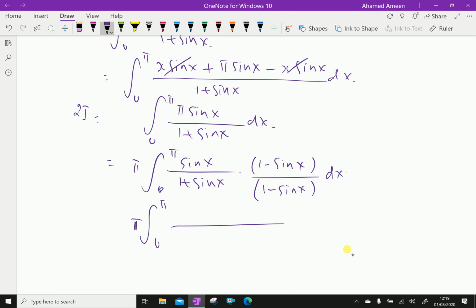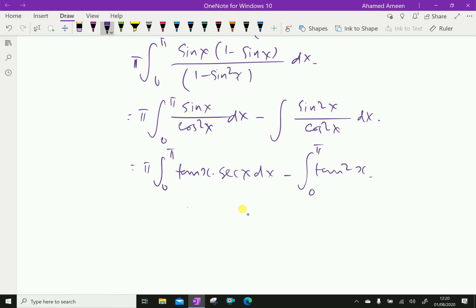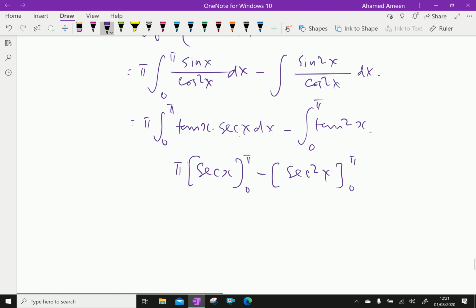Now look at this. Here the integration of secant x tan x is secant x, by standard result, 0 to pi, minus tan squared x is secant squared x.